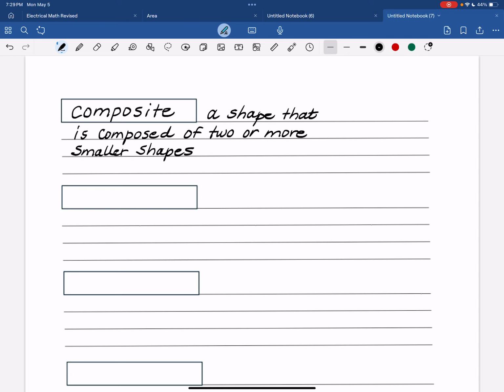For example, let's suppose that this is the wall of a house. Okay? And that this is the roof that sits on it. That's a composite because you have this shape that you can work with a formula for a triangle, and you have that stuck to this shape.